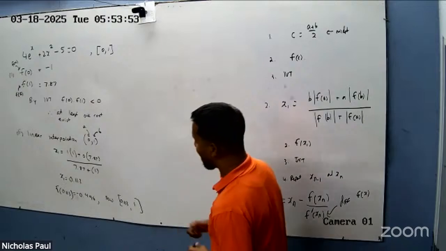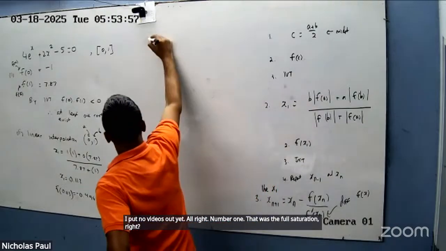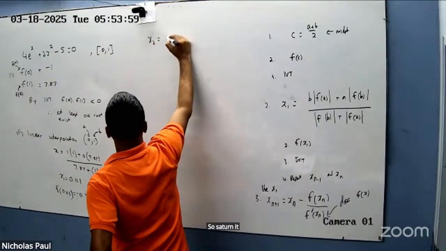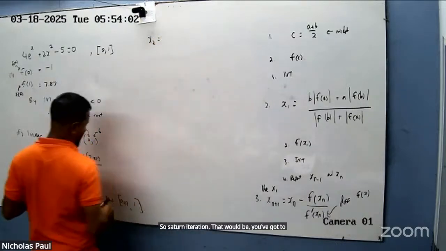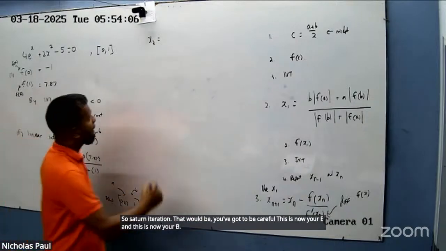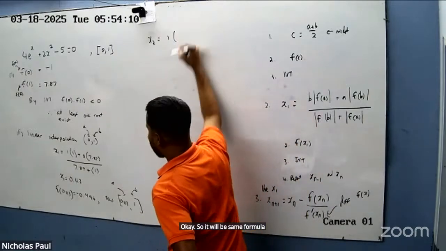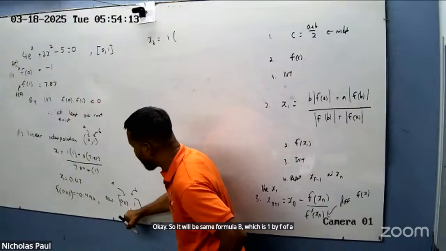All right, number one, that was the first iteration. So second iteration, you gotta be careful. This is now your A and this is now your B. So it will be the same formula: B, which is 1, by f of A. What's f of this again?